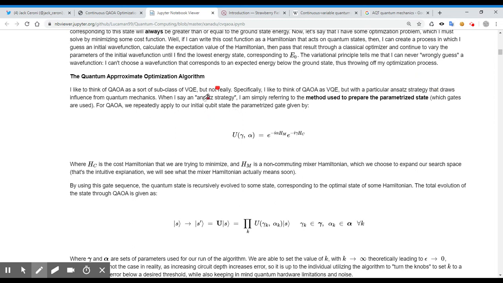When I say an ansatz strategy, I'm simply referring to the method used to prepare the parameterized state, which gates are used. For QAOA, we repeatedly apply to our initial qubit state the parameterized gate given by these. Okay.